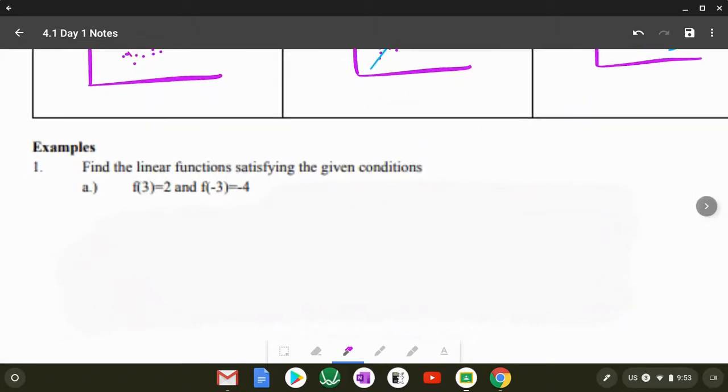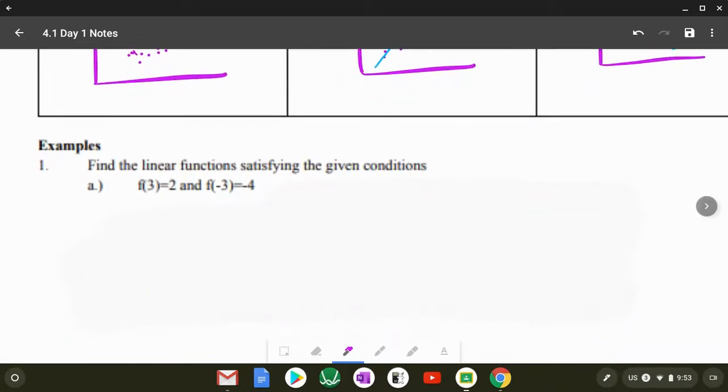So, as I mentioned before, a lot of this stuff, at least the basics for the math part, are coming from your Algebra 1 and Algebra 2 classes. So, for example, number 1, it says find the linear function that satisfies the given conditions.